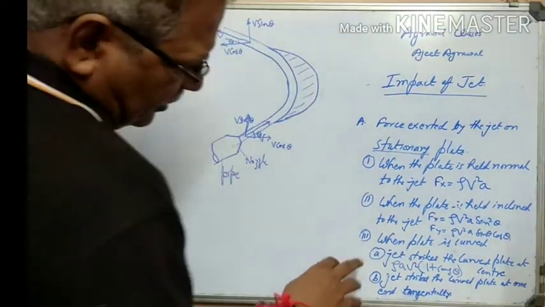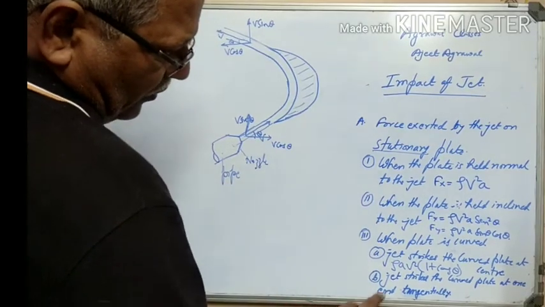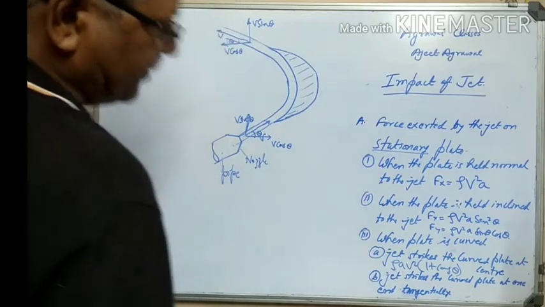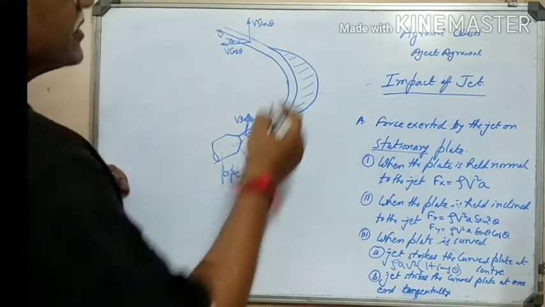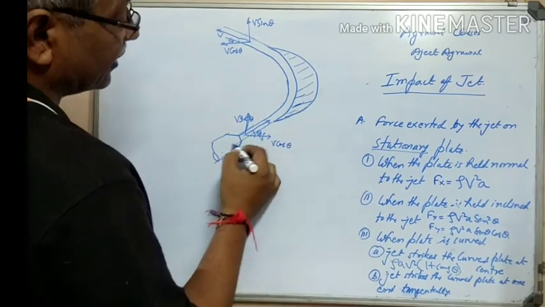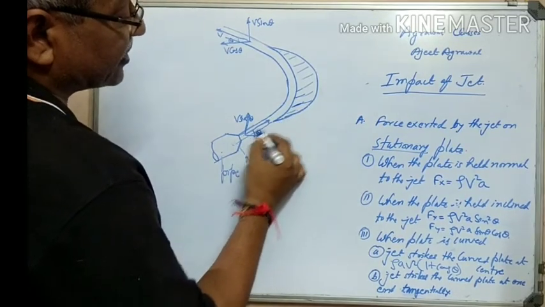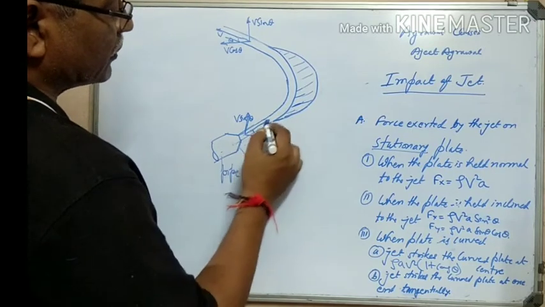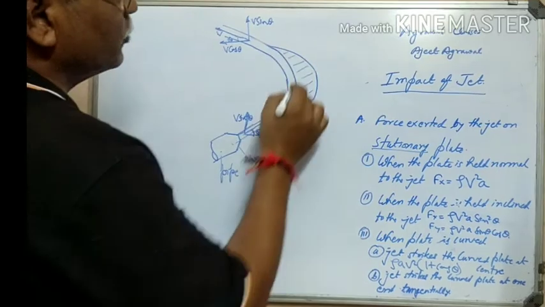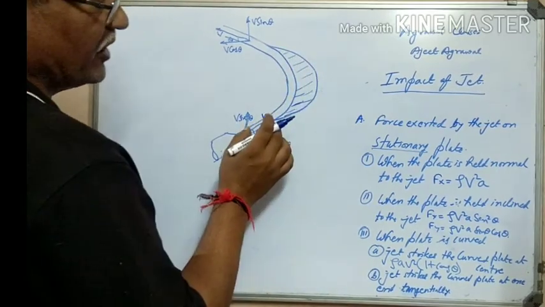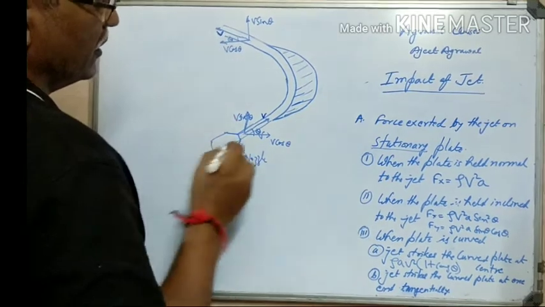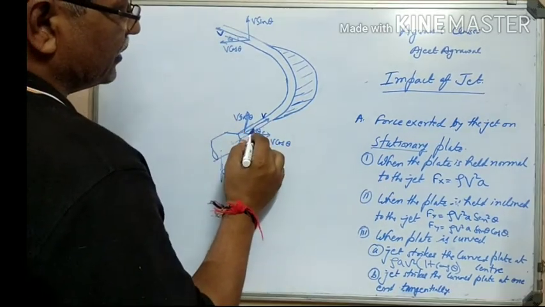Now let us consider the second case, when the jet strikes the curved blade at one end tangentially. In this case, we have a curved plate and the jet is striking it tangentially with a velocity v, and as we are assuming the plate is frictionless, the exit velocity is also v.